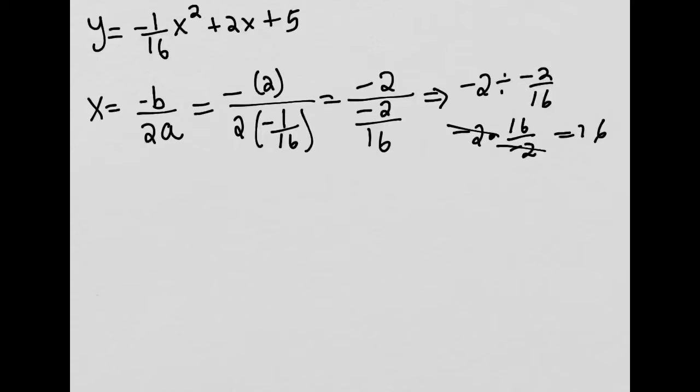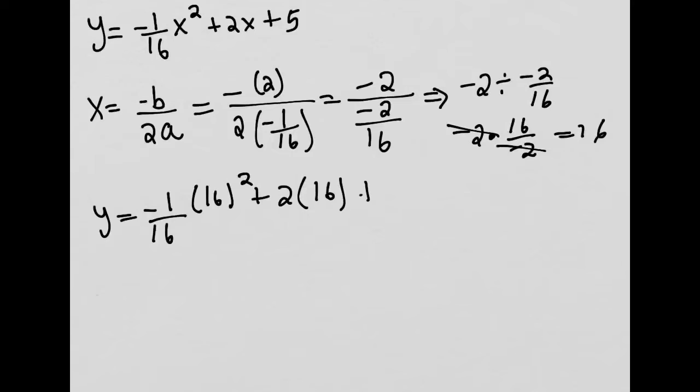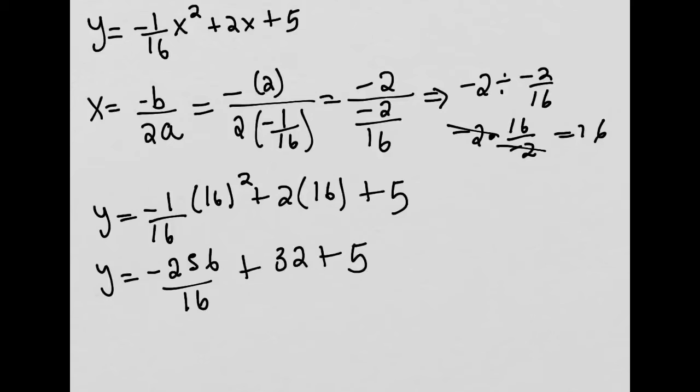Now we need to find the y value by substituting that x into the given function. So now what is 16 times 16? 256. So then I have 256 times negative 1 is negative 256 over 16, plus 32, plus 5.